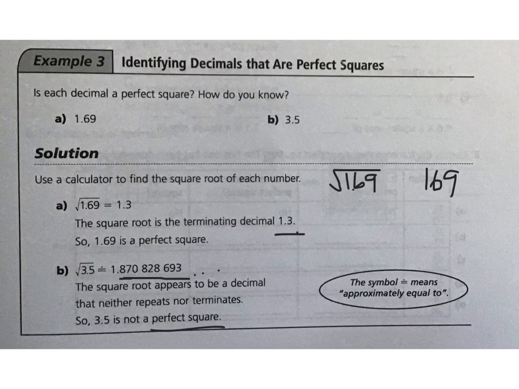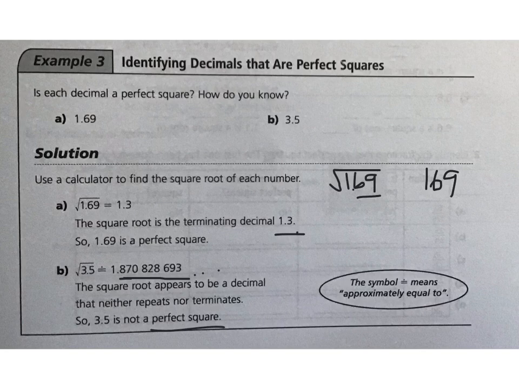You'd think about your chart or your memorized first 20 perfect squares: is 169 on there? It is, it's 13 times 13. So that's your first check: checking to see if those digits make up a number on your perfect square chart, which you should have memorized. Secondly, you're looking at the number of decimal places.